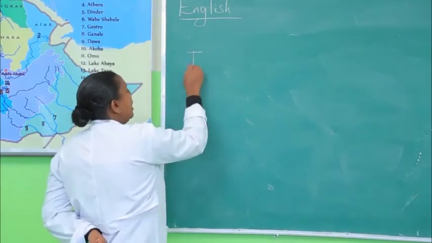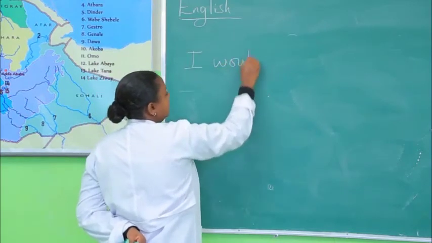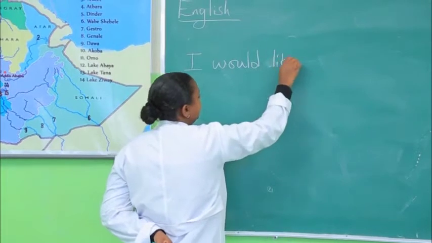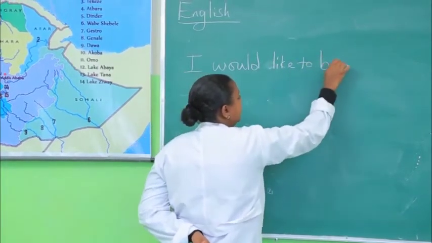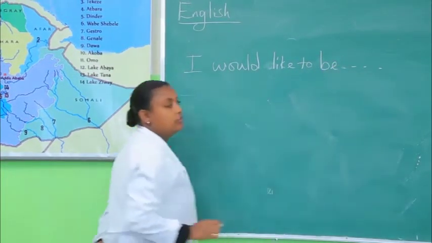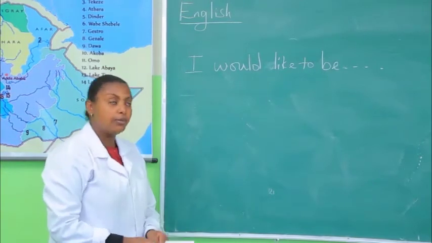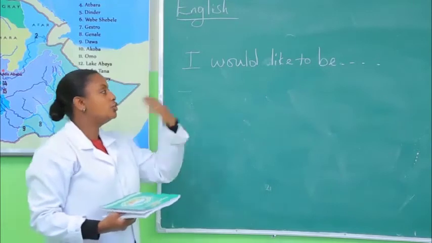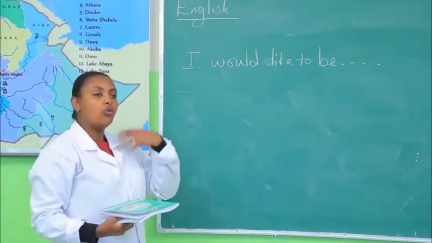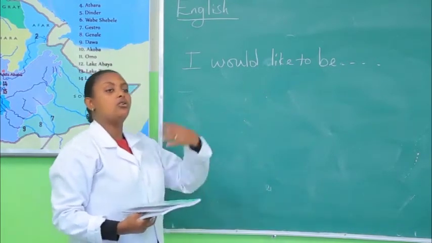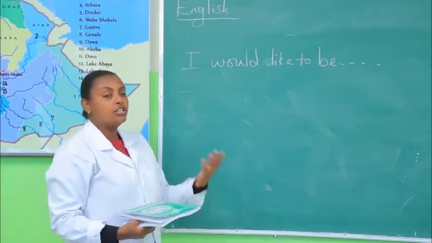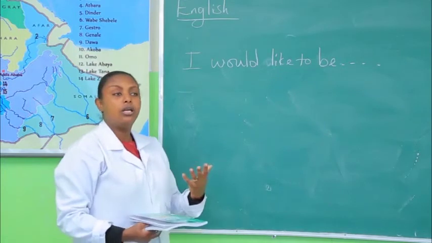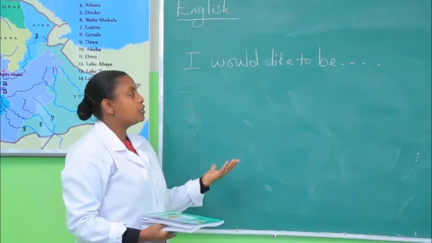So I would like to be, you can fill the blank by yourself, because what would you like to be in the future? Do you want to be a doctor, or a teacher, or an engineer, or a carpenter, or any of the other different professions we have?